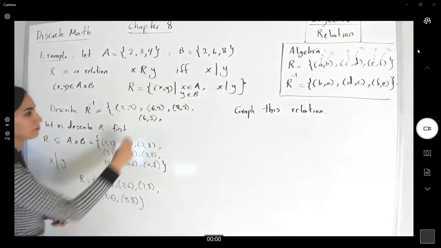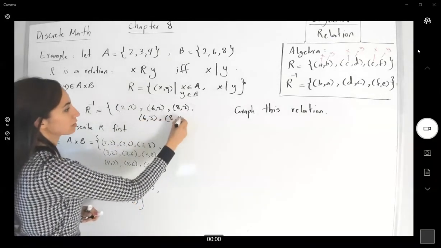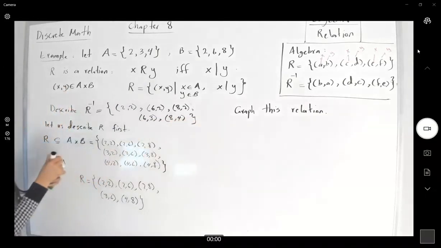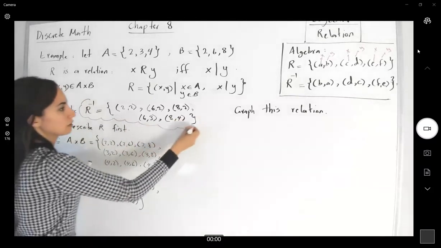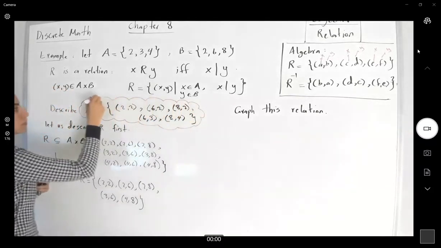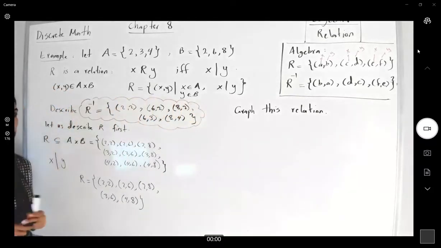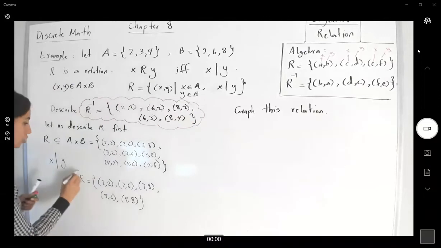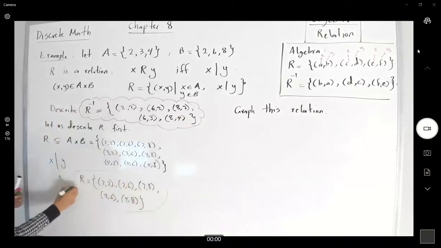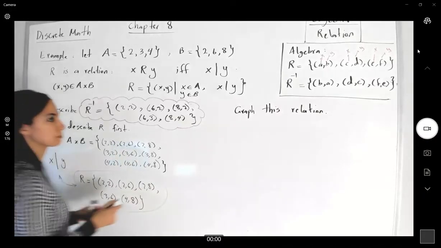Then we have 8 and 4. And that's it. So this is our inverse R. Okay. So note that this is my relation, collection of points, X divides Y.